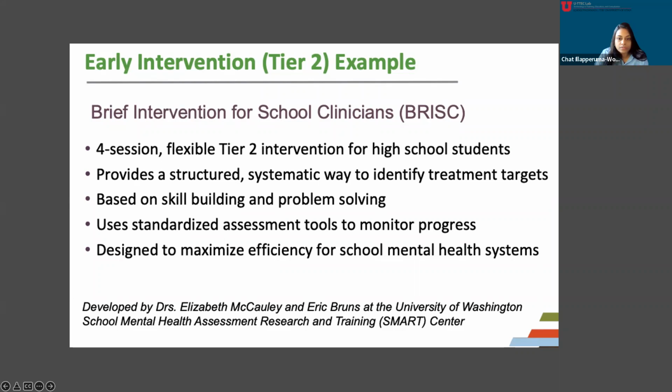Let me see if I can put the link if you're interested in learning more about this intervention. Again, this is just one example.